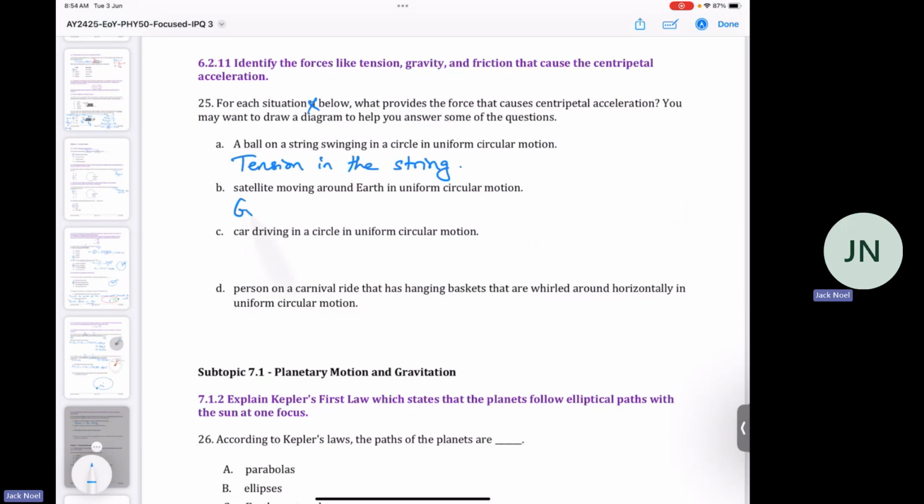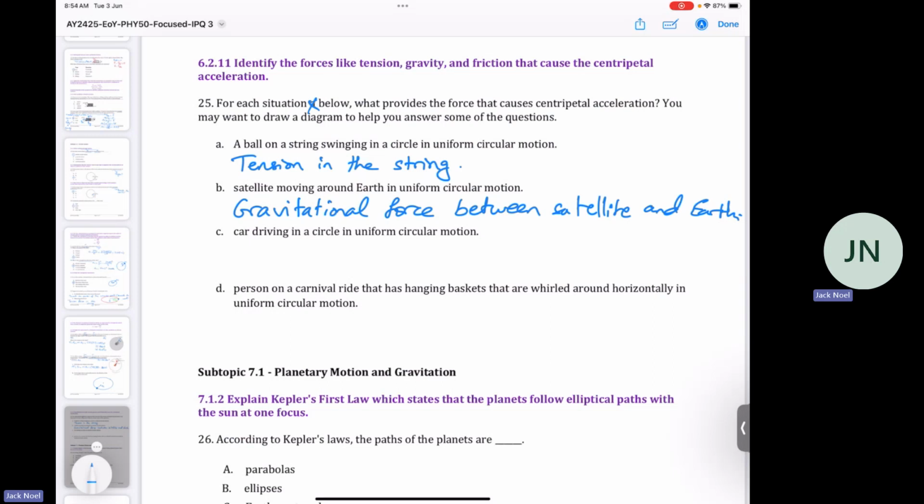So gravitational force between satellite and Earth.